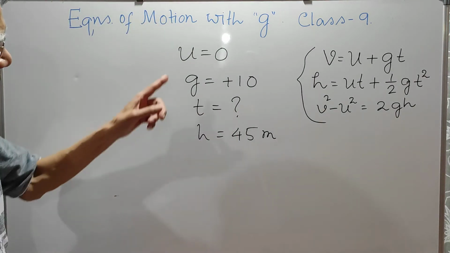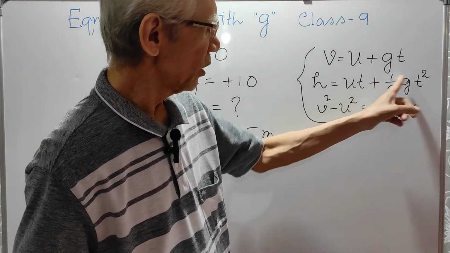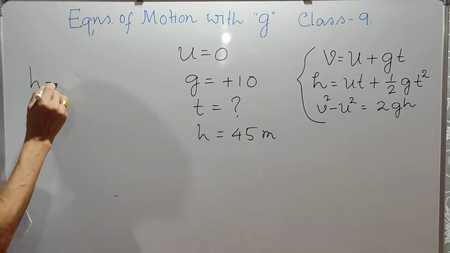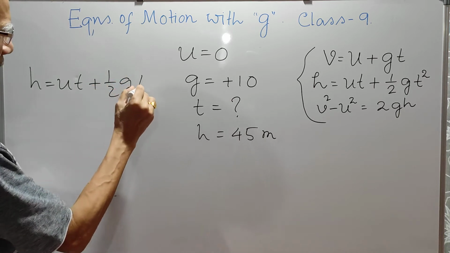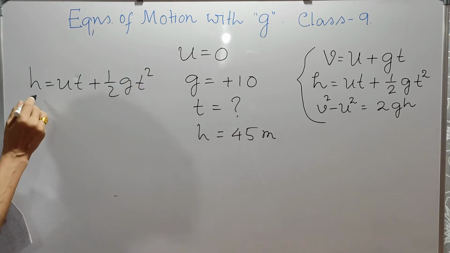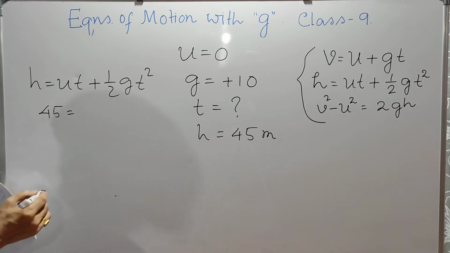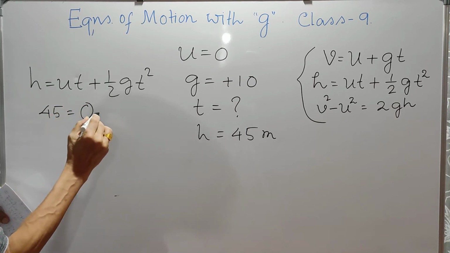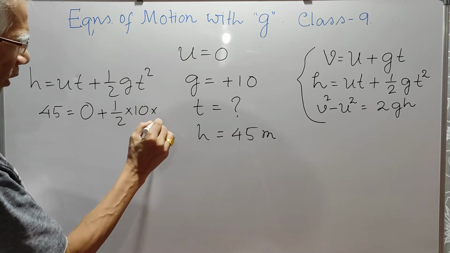All right. Now u, g, t, h. So which equation? This one, the second one. So we use the second formula, h equal to ut plus half gt square. Now h is given, 45. 45 equal to u, u is 0, so 0 into t, obviously it will be 0, plus half g, g is 10, t square.